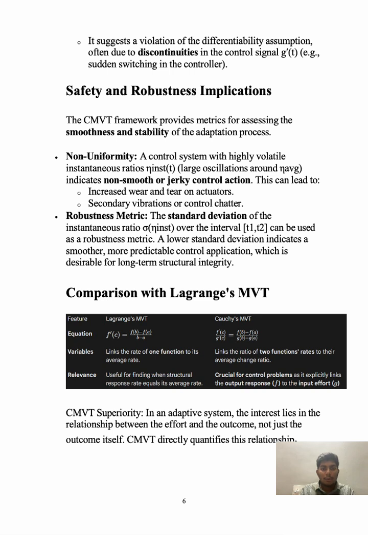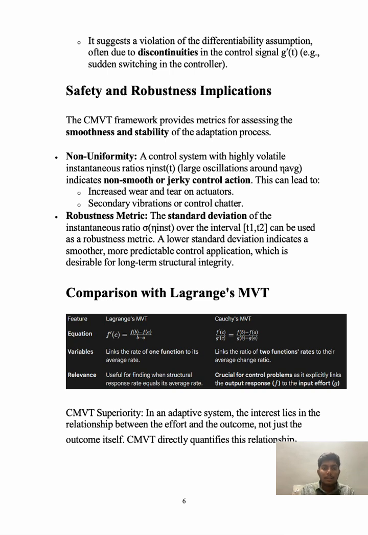There are two types: non-uniformity and robustness metrics. Non-uniformity metric: a control system with a highly volatile instantaneous ratio n_instant(t). Large oscillations around n_average indicate non-smooth or jerky control actions. This can lead to increased wear and tear on actuators, secondary vibrations, or control chatter.